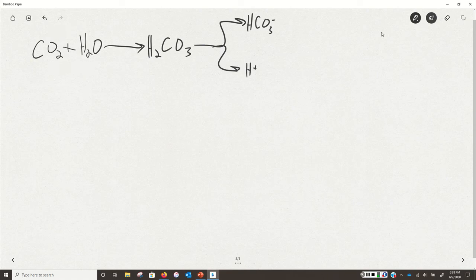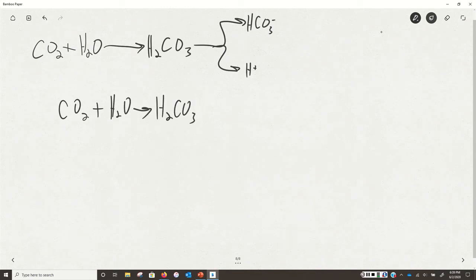Let me write this a little bit more streamlined. CO2 plus H2O leads to H2CO3 leads to H+. Yes, there is also the bicarbonate ion. I just didn't draw it here. We're just looking at the fact that we produce an H+.